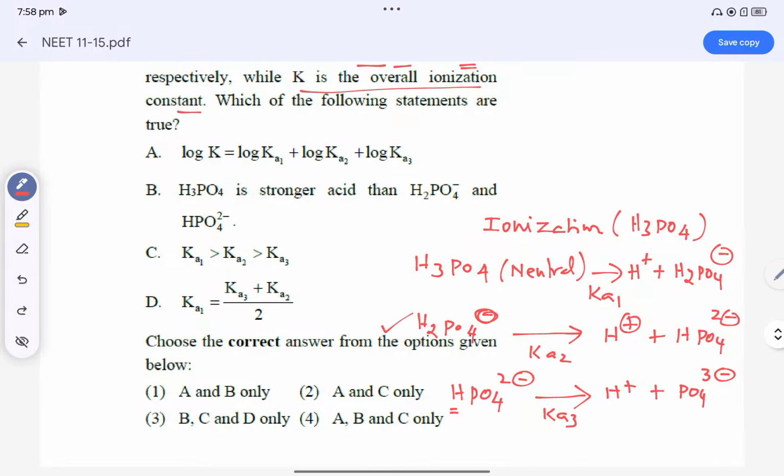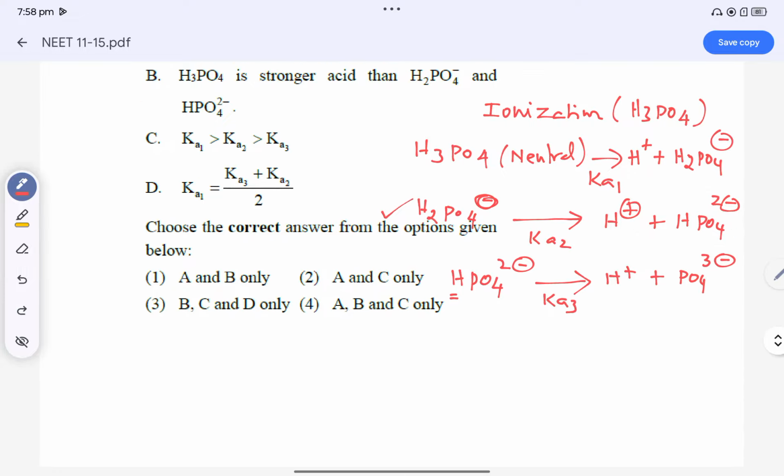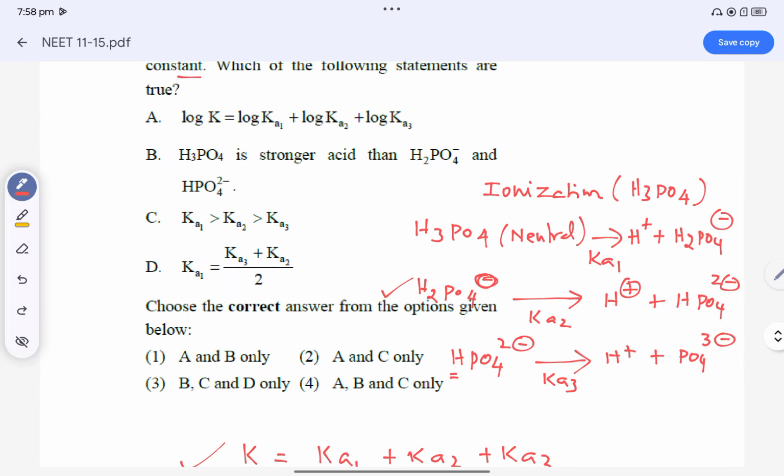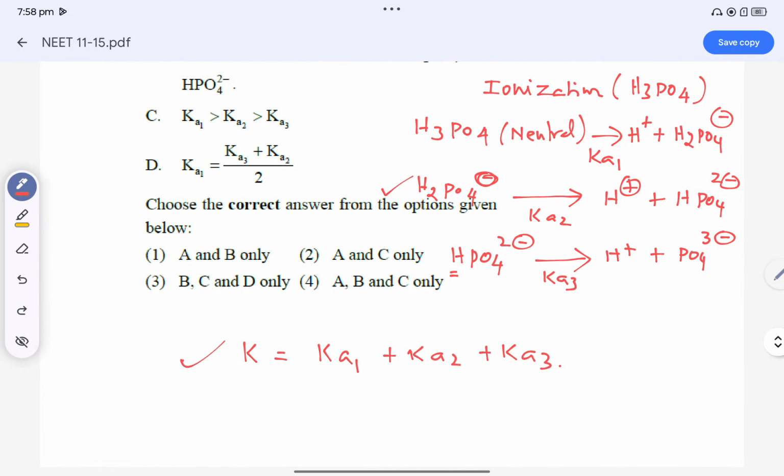Very important. The overall ionization is the summation of Ka1 plus Ka2 plus Ka3. It is true. They have taken the logarithmic value, so log K, the logarithmic factor, is taken.